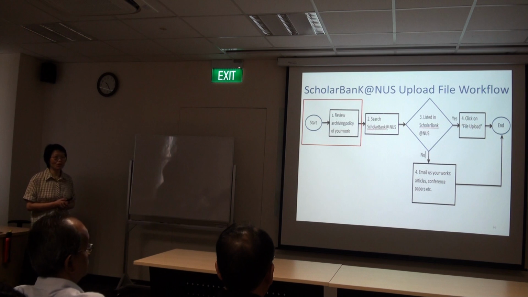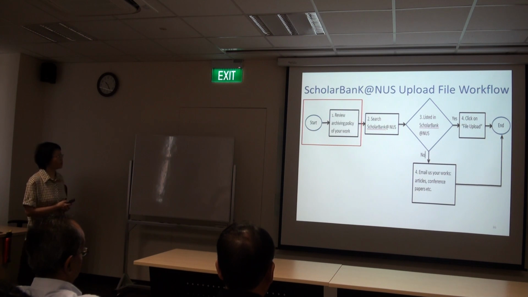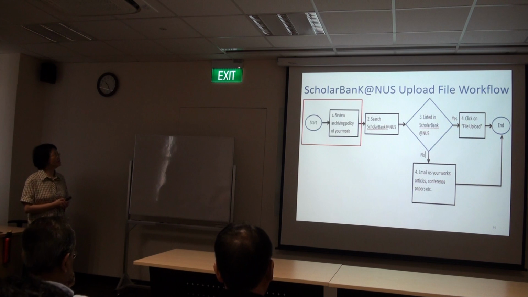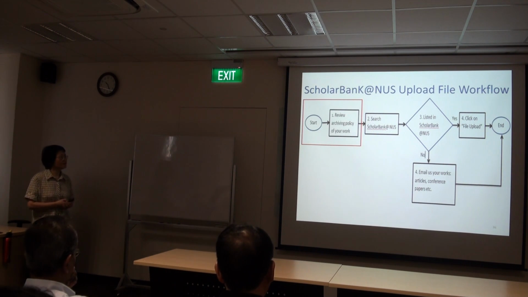Okay, so what is the process for uploading, that is depositing your works? First, we must review, or you must review the archival policy for your work. Then you search in Scholarbank to see whether the work is listed.